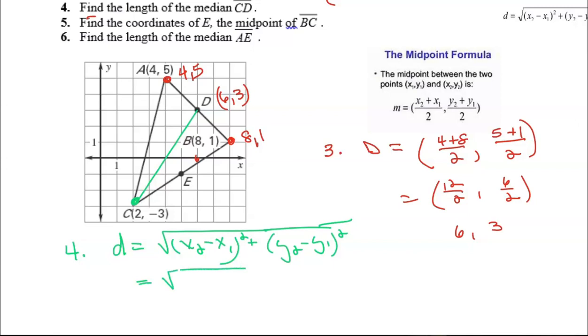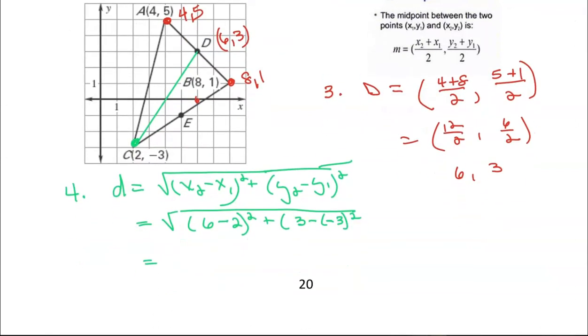Okay, so let's say that the 6, 3 is my second point. So the 6 is the x2, minus the 2 from the C point, squared, plus, go back up, 3 minus, oh, careful, minus a minus 3 squared.